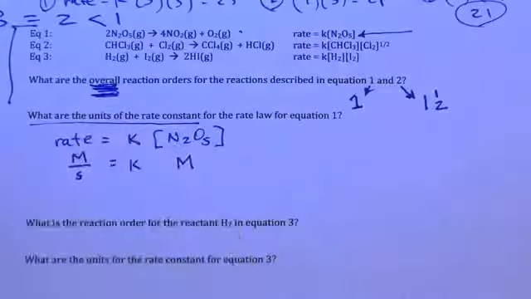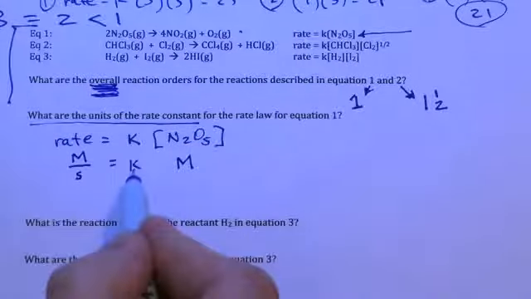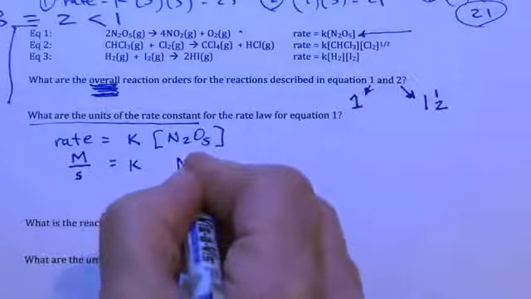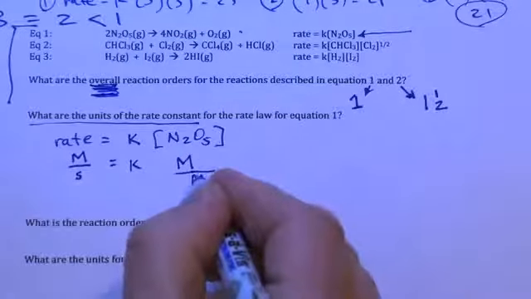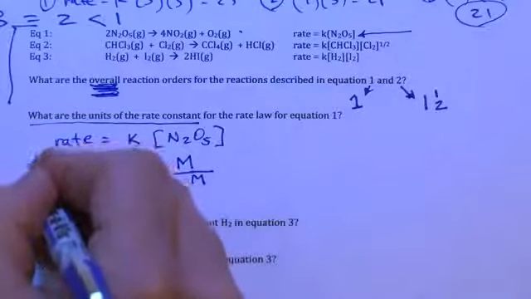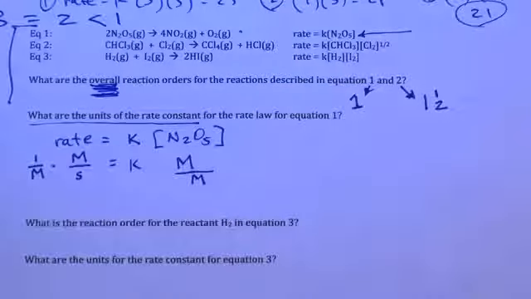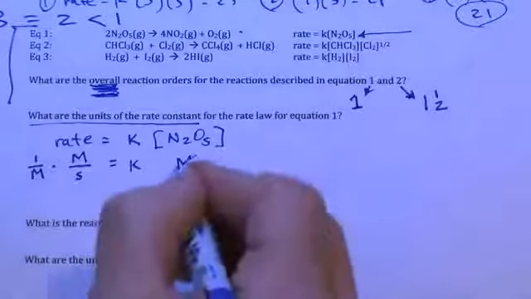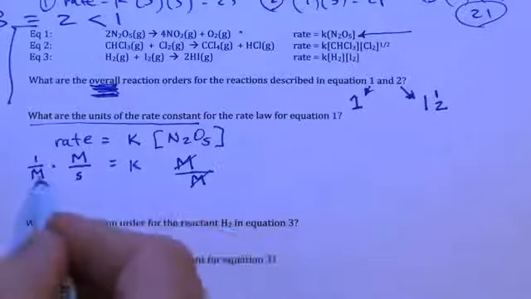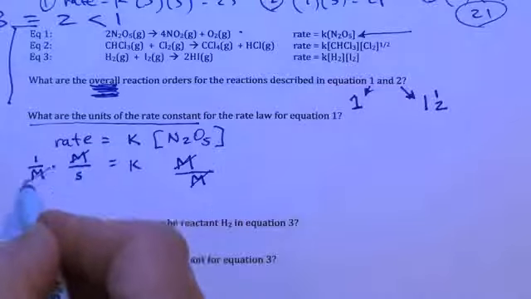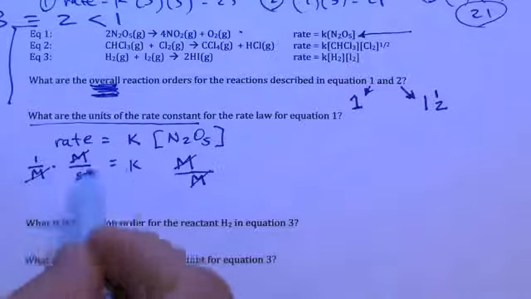Molarity per second. Now we want to solve for K, so I'm going to end up dividing both sides of the equation by M, or I could say multiplying by 1 over M. That's the same thing. And then the molarities will cancel on this side, and it turns out that the Ms also cancel on this side, and I'm left with 1 over seconds.